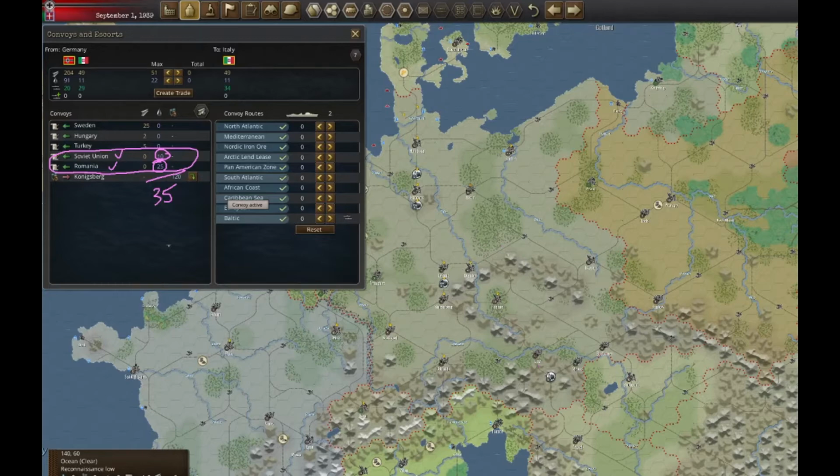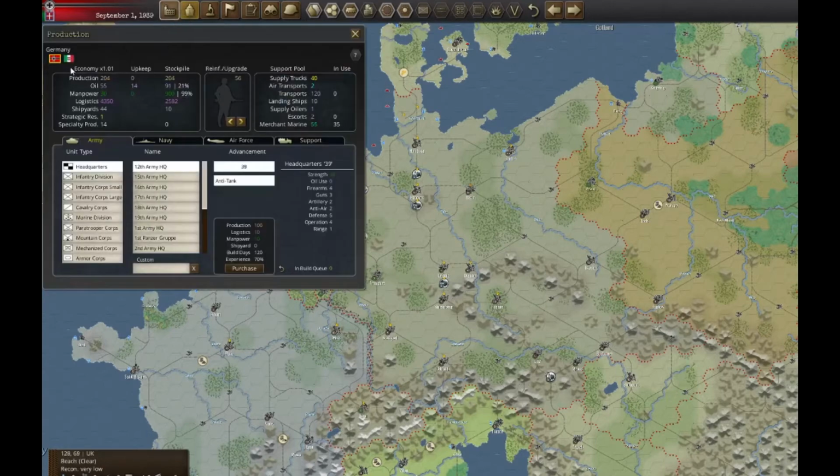So in total, Germany has at its disposal at this point in the game 55 oil points. You can see that capturing oil resources will increase this value. So this is one way of increasing your oil points, conquest, and hence why Germany did what it did.